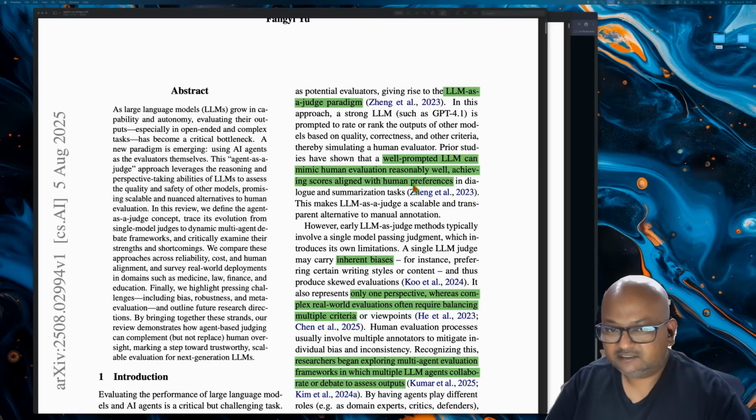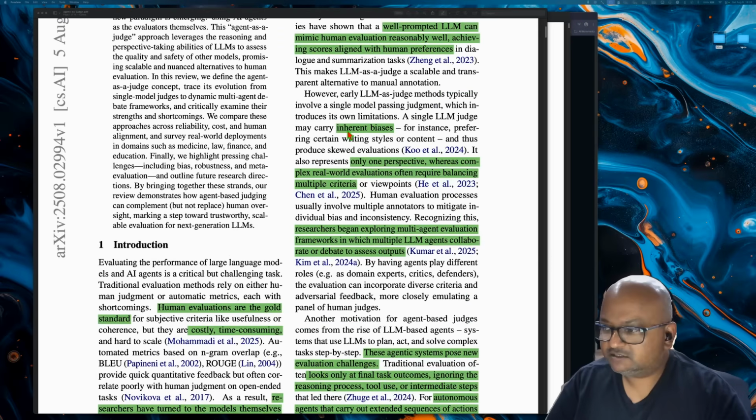A lot of studies have shown that the agreement rate between LLMs and human evals tends to be pretty high. But LLM as a judge also has its pitfalls that you have to be aware of. The biases of the judge model can often seep into the evaluations.